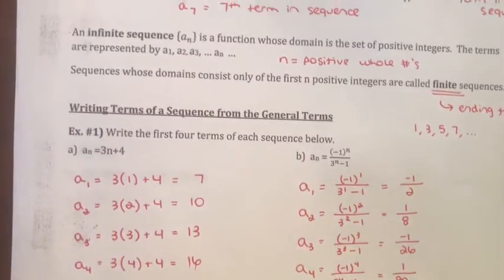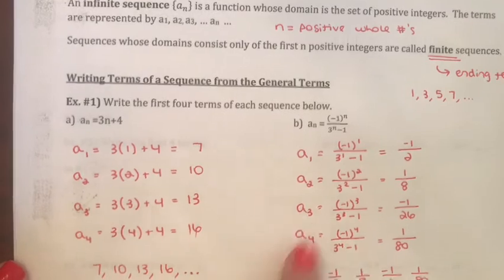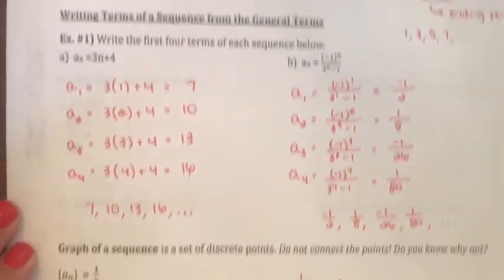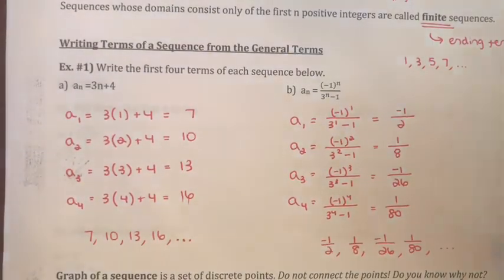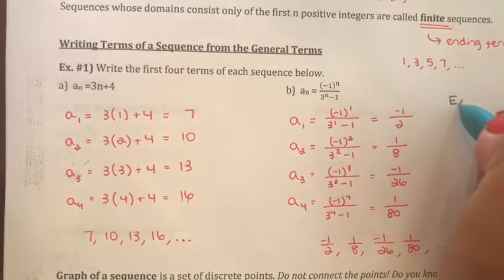These two types of equations, and actually this one as well, are called explicit formulas.